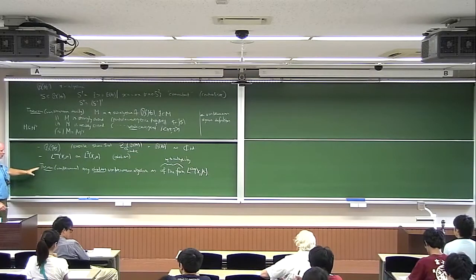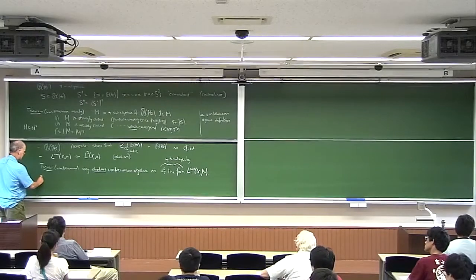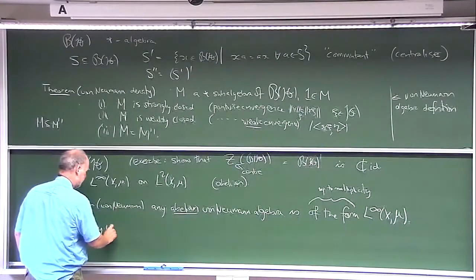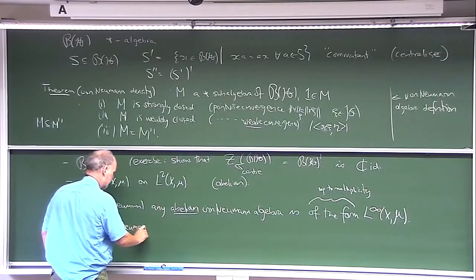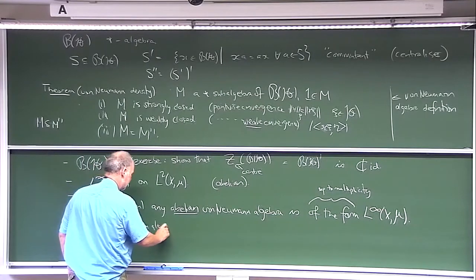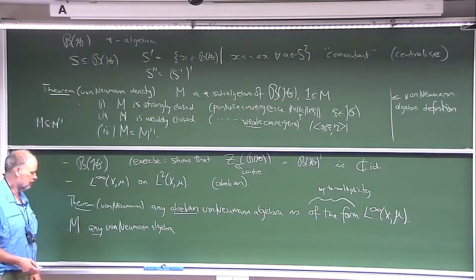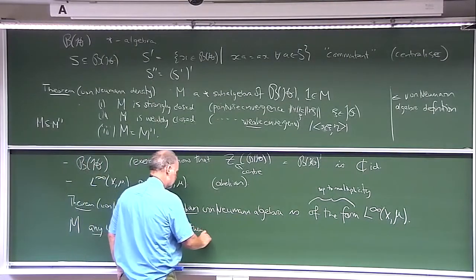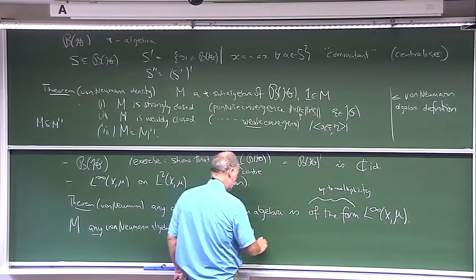Now the immediate consequence of this is that if you take any von Neumann algebra M, once again on a separable Hilbert space, then the center of M is actually equal to L infinity of X, mu.